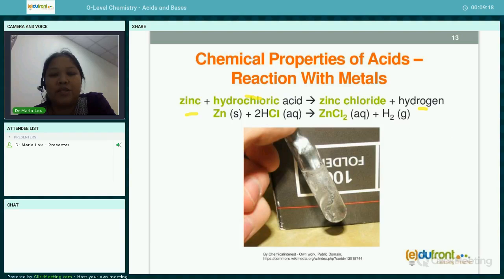The second row shows the balanced chemical equation, and you notice that in this case I need twice the amount of hydrochloric acid in comparison to zinc in order for the reaction to take place.